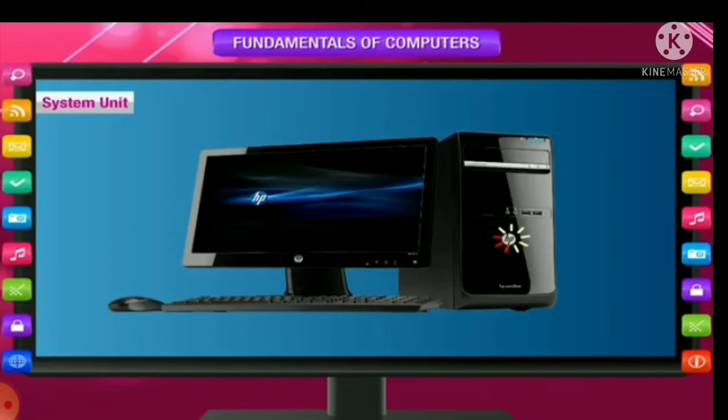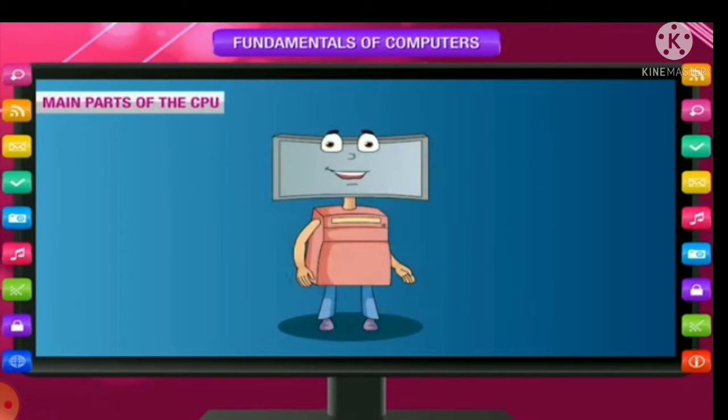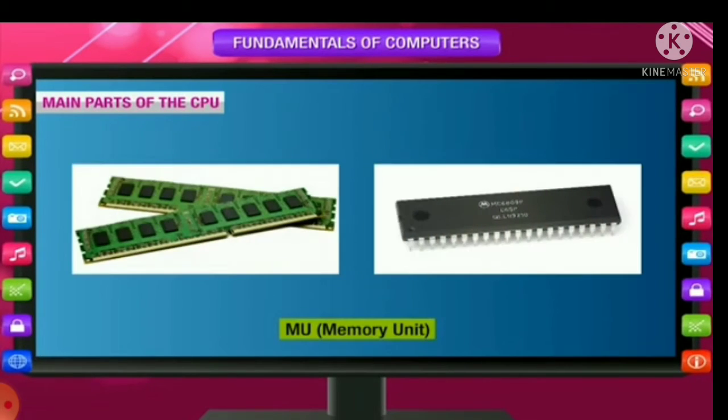There are three main parts of the CPU. First is MU, memory unit. Memory unit stores the information of the computer for making calculations.